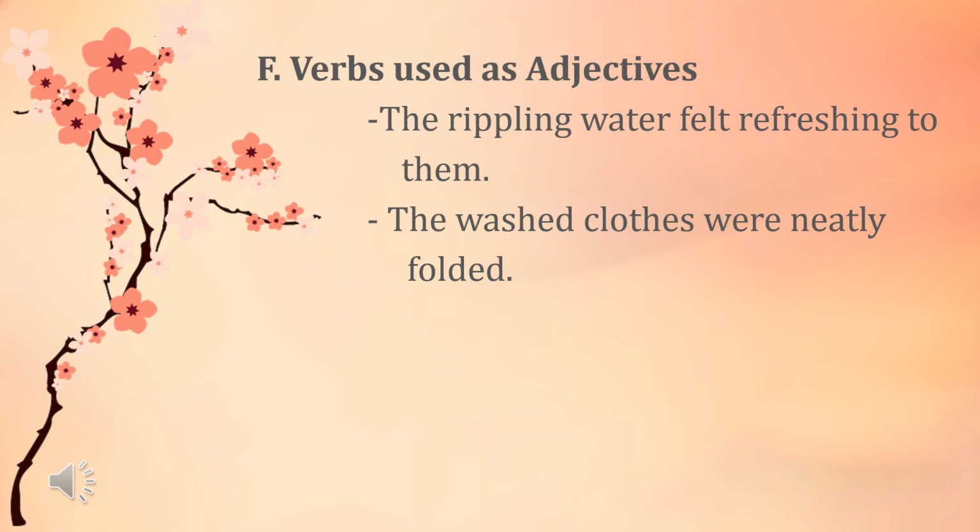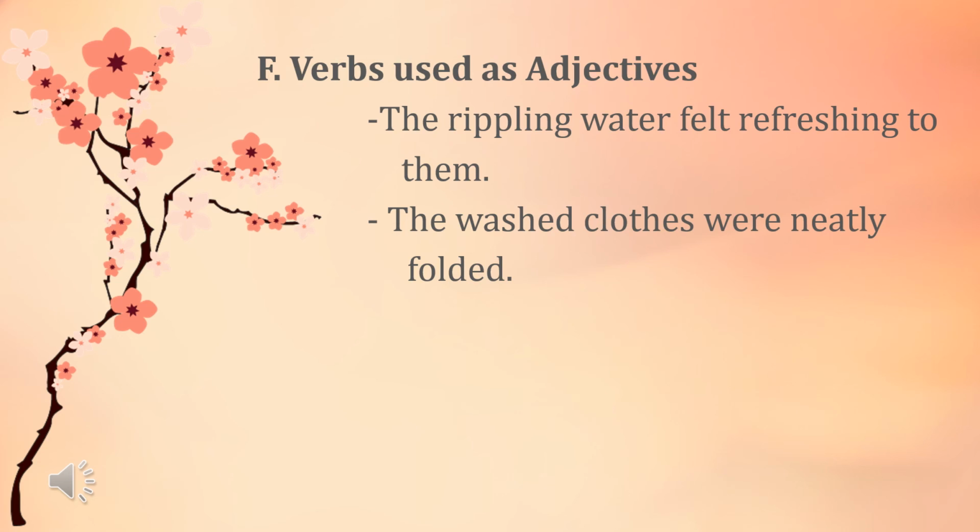And we're done with the fifth classification of an adjective, and now the sixth and last classification, which is verbs used as adjectives. For example, the rippling water felt refreshing to them. Another one, the washed clothes were neatly folded. Now, in these sentences, as you can see, rippling water, washed clothes.